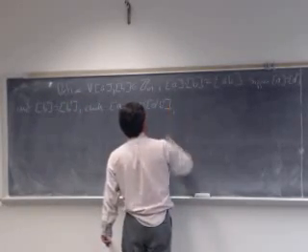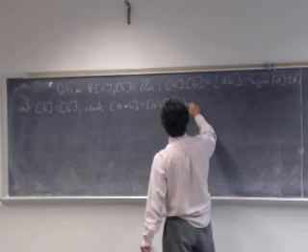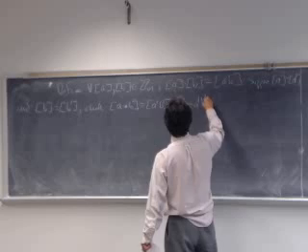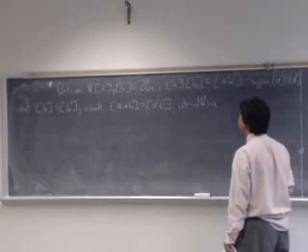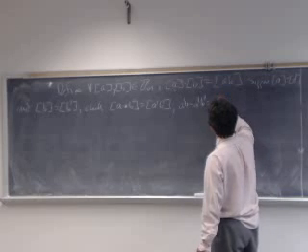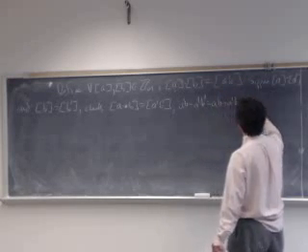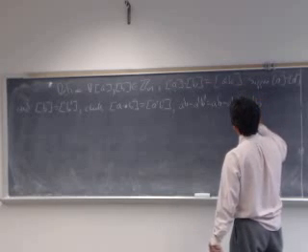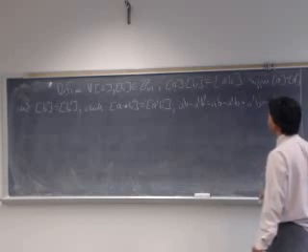So what we'll do is we add and subtract the same thing. We look at AB minus A prime B, and this is AB minus A prime B plus A prime B minus A prime B prime.